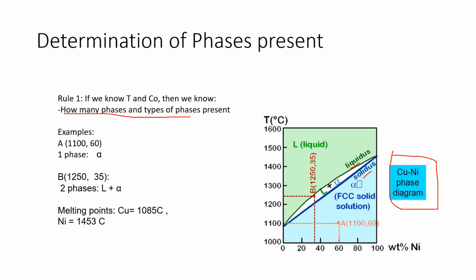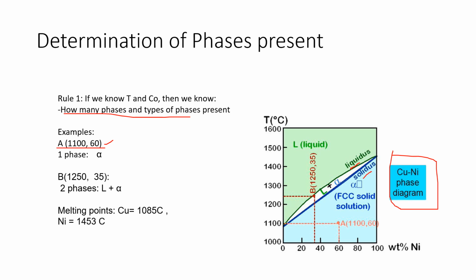So we want to discuss one example in which points A and B are present. We want to know the temperature and composition of these two points.